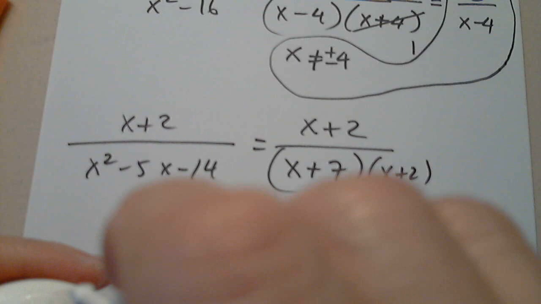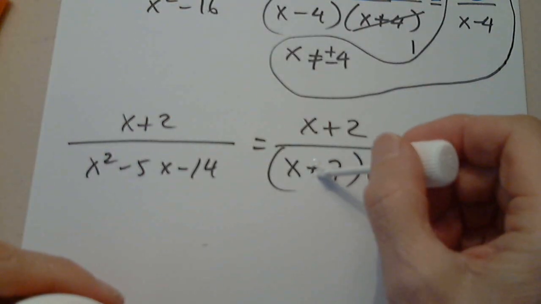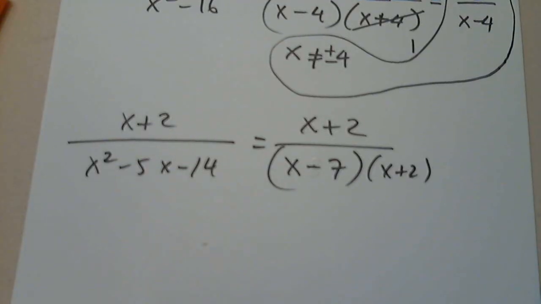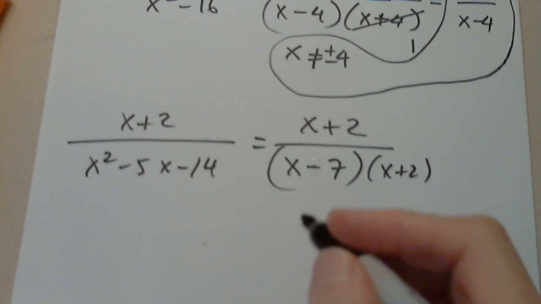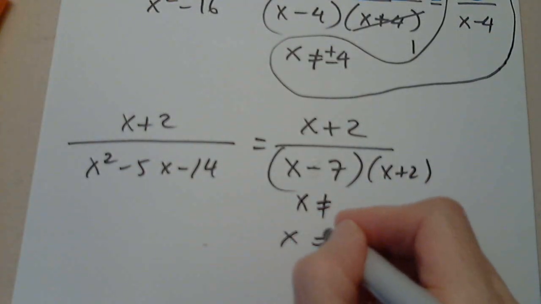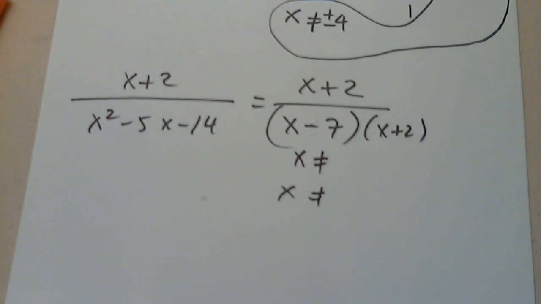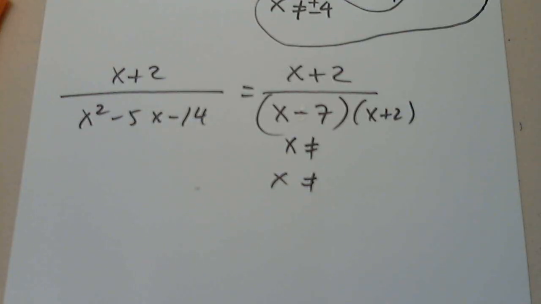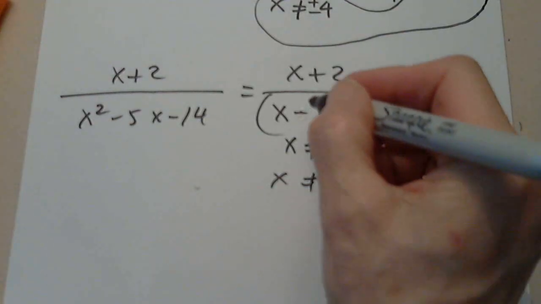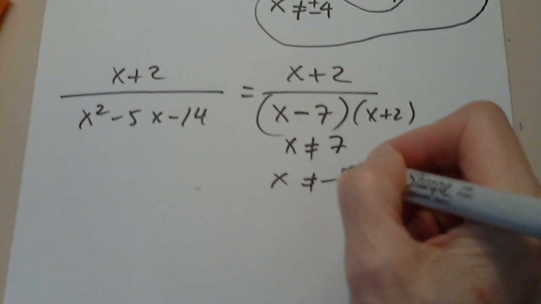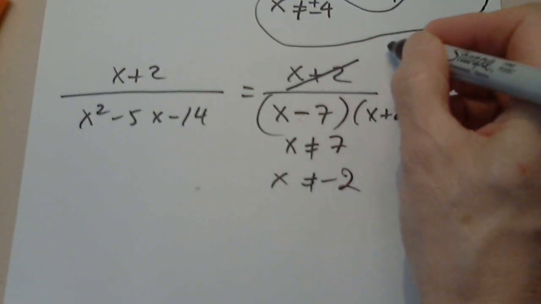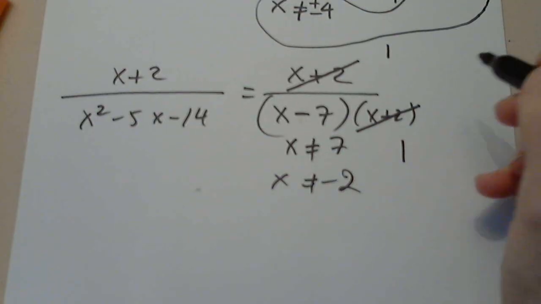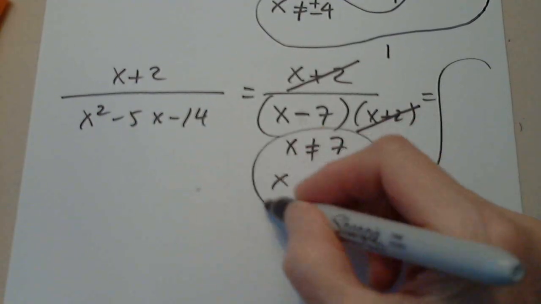At this point, on the raw, before we simplify, we must state restrictions, not after we simplify. After we simplify, it's too late. 7 and -2. And now we simplify the factor from the top by itself and the same identical factor from the bottom, and then we get the answer.